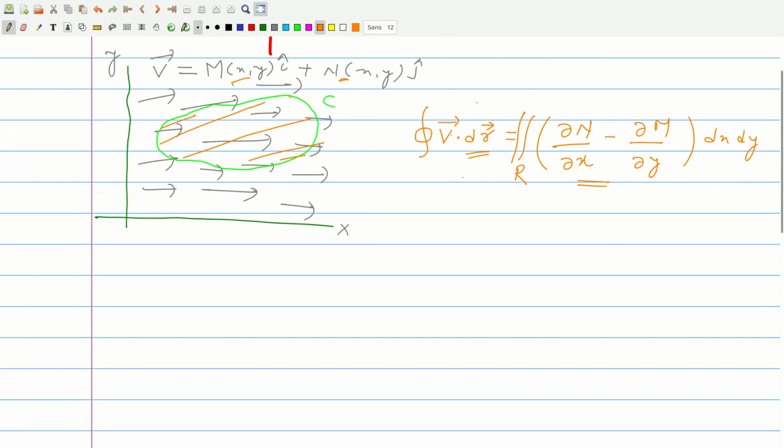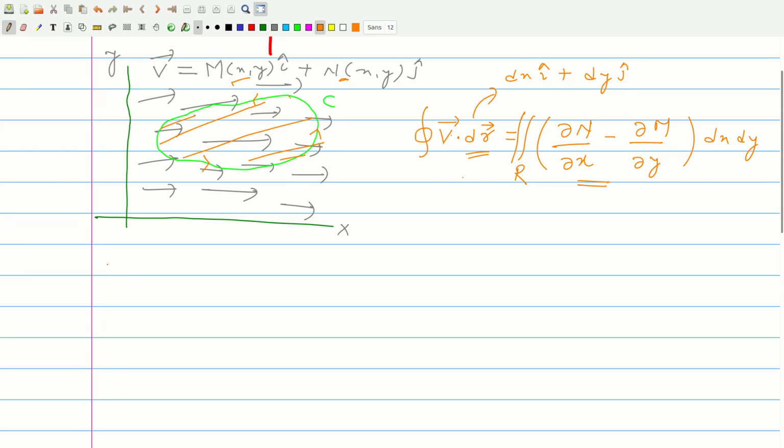Here dr is nothing but dx i cap plus dy j cap. So this is expressed in Cartesian coordinates. You see here V is circulating around the curve. Let's suppose that circulation is in the anti-clockwise direction. So this is the anti-clockwise direction.